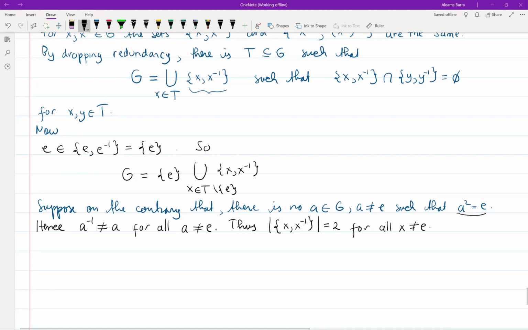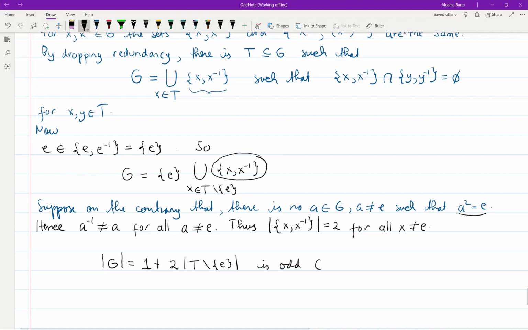Now we can count how many elements G has. The number of elements of G is 1 plus, since these sets are disjoint and each consists of 2 elements, twice the cardinality of the set T minus E. Which is an odd number.